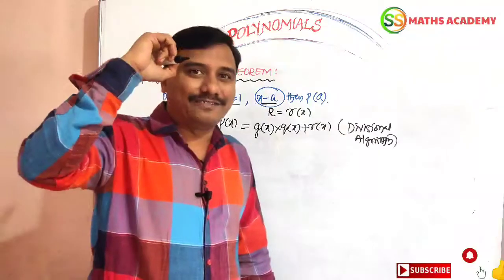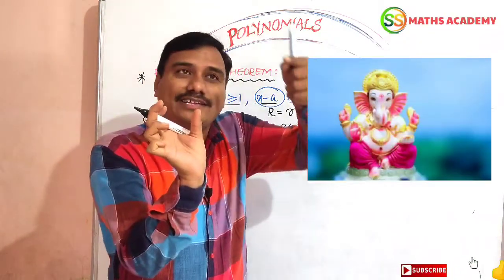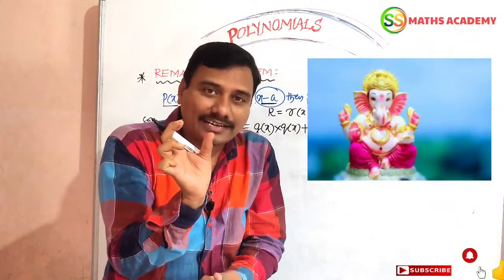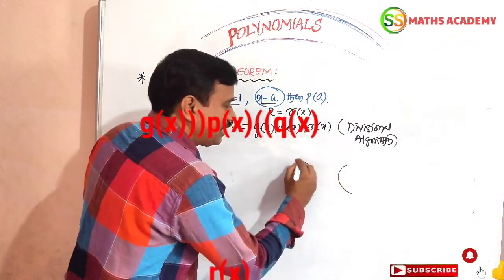Simply, in our old method, the Vinayaka method, what is the dividend? Dividend equals divisor into quotient plus remainder. This is our Vinayaka method.